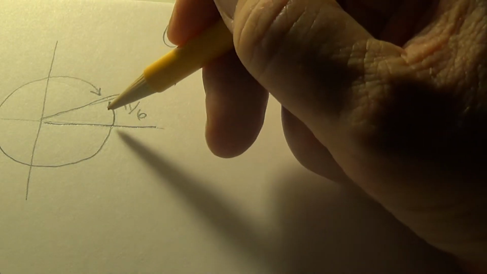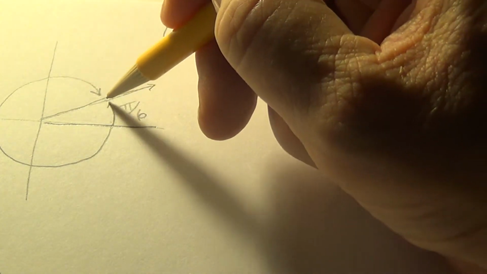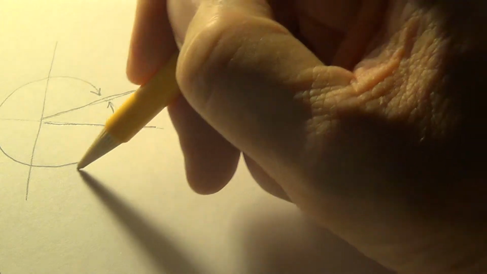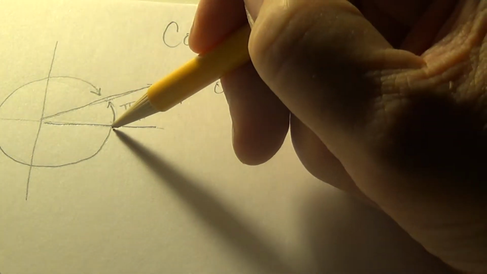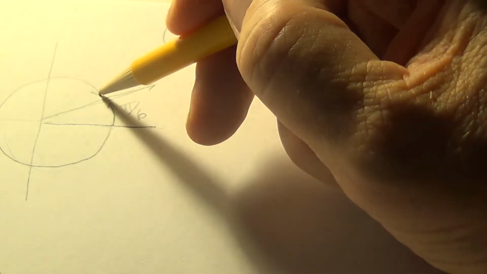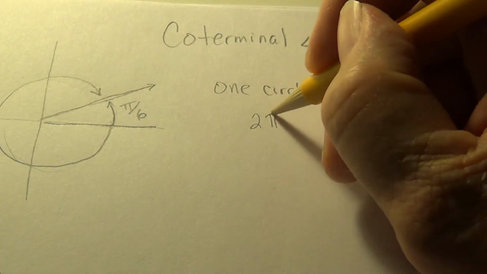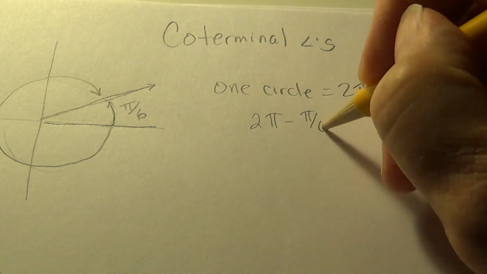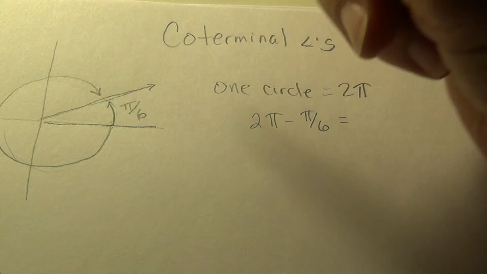So if from here to here is pi over 6, this whole circle is 2 pi. Notice if I go in this direction, I don't go quite 2 pi, I'm short pi over 6. So I'm going to have to subtract pi over 6 from 2 pi to get the radian measure.